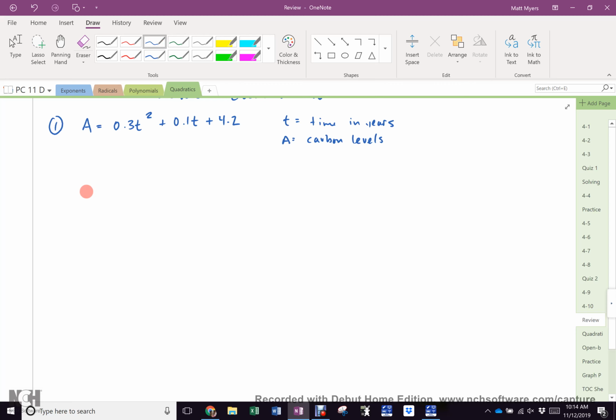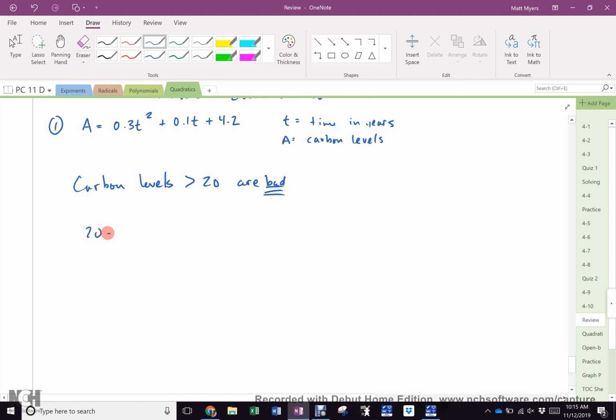So I am telling you right now, carbon levels greater than 20 are bad. How long do we have before we can deal with it? What are we going to do with that question? Pardon me? We have to find out when that's going to happen, yes? So what are we going to do with it? Is that an A or a T?